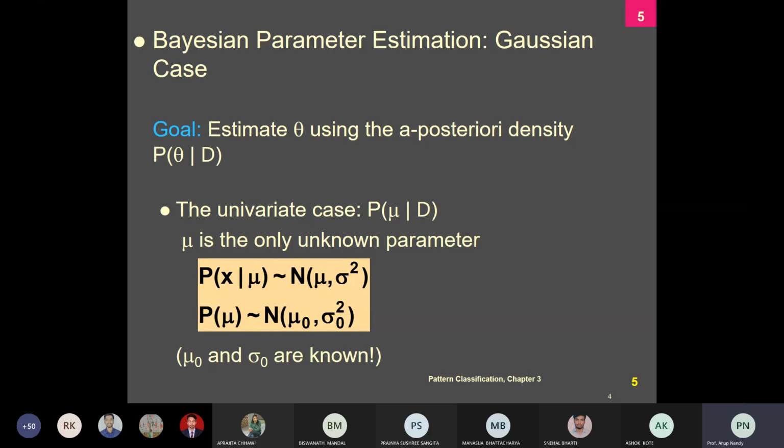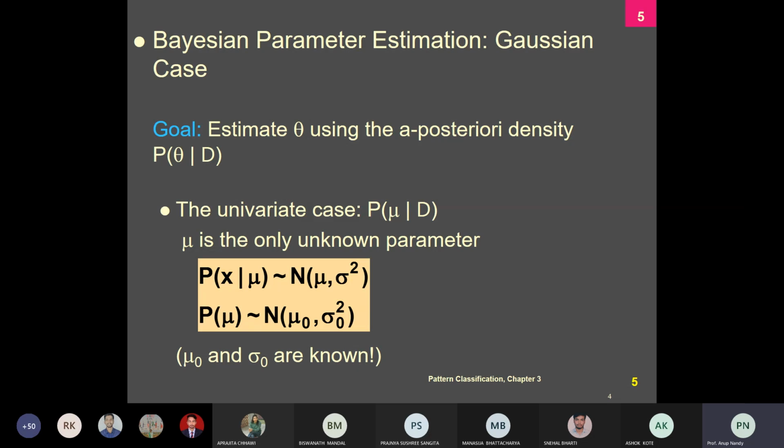So now you have to estimate theta. The main goal is to estimate theta using a posterior density, P(theta|D). Here you can use Bayesian estimation techniques to calculate the posterior density.